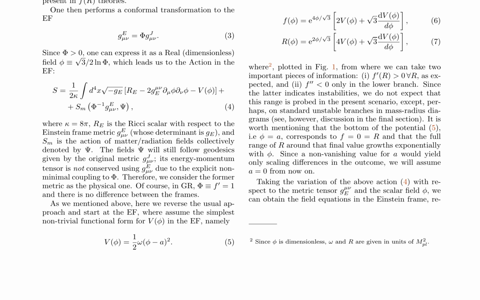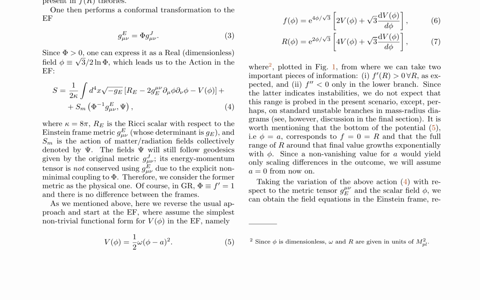The corresponding F(R) in the JF is obtained using a previously established procedure and is defined as F(φ) = e^(4φ/√3) [2V(φ) + √3 dV/dφ] and R(φ) = e^(2φ/√3) [4V(φ) + √3 dV/dφ].